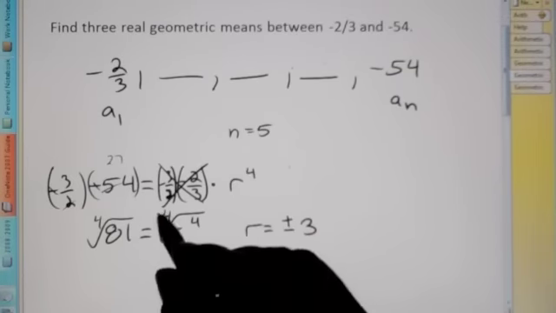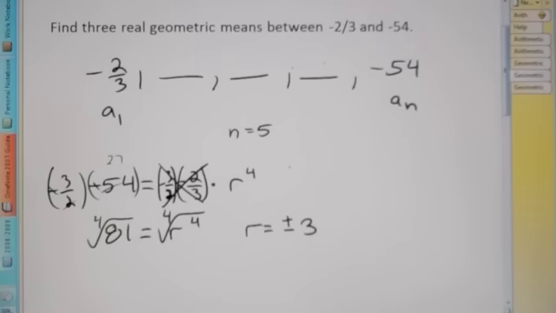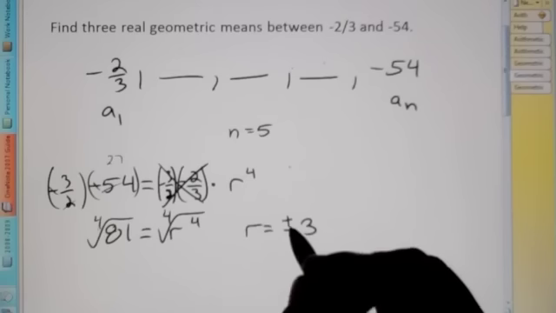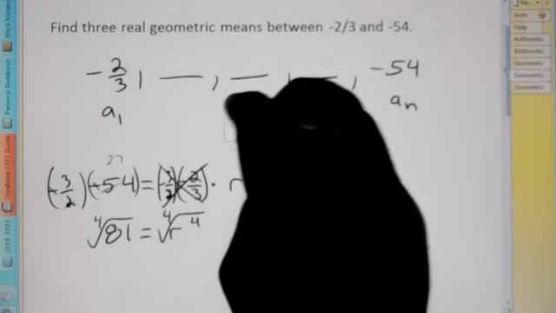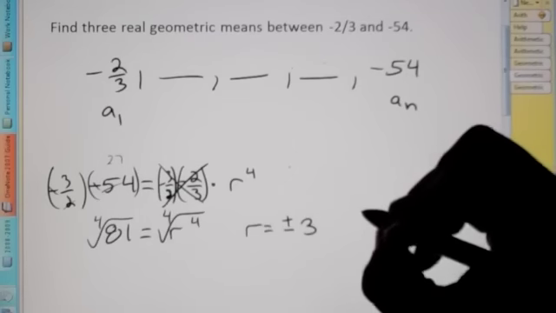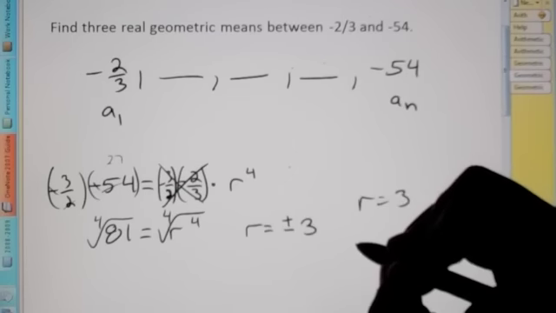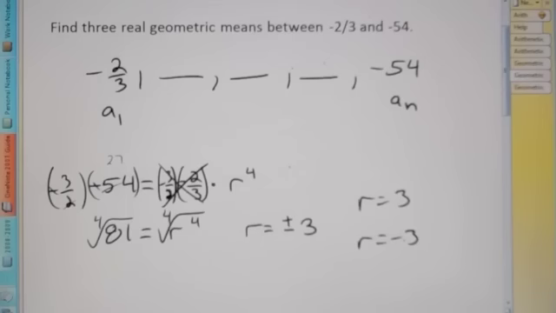When you're dealing with an even index, you get positive negative on the other side, just like a square root. So we're actually going to have 2 sets of answers, because your ratio is 3 or your ratio is negative 3.